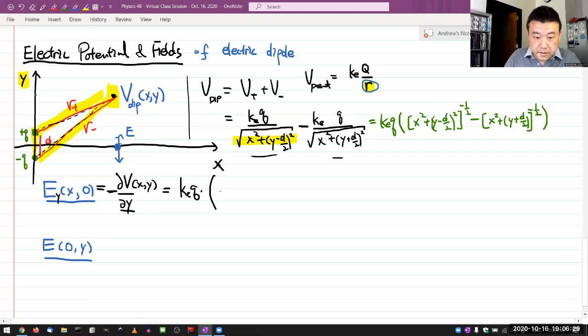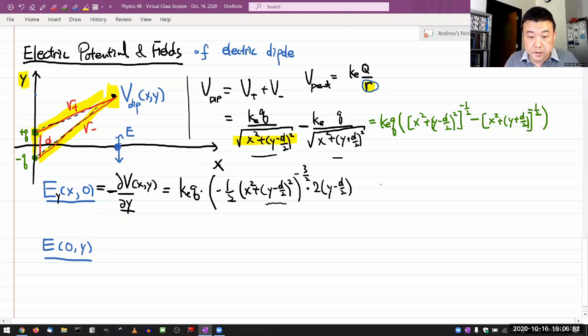So it's going to be minus 1/2 times x squared plus y minus d over 2 squared, to the minus 3/2, and then the chain rule for this inside here, times 2 times y minus d over 2, and then, well, I can use the chain rule again, that'll give me 1.